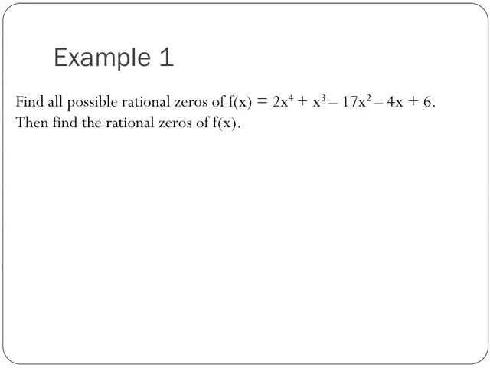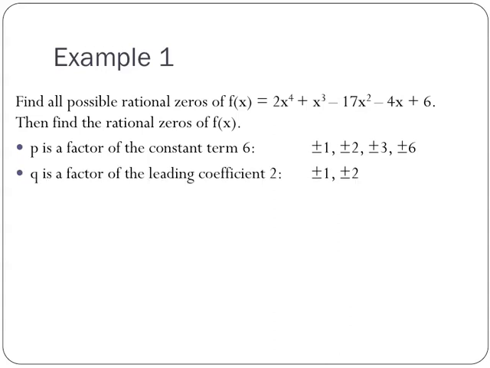So this p over q, remember, p is going to be a factor of the constant term 6, so plus or minus 1, plus or minus 2, plus or minus 3, plus or minus 6. Those are all factors of 6. And then q is going to be a factor of the leading coefficient 2, so that would be plus or minus 1 and plus or minus 2.